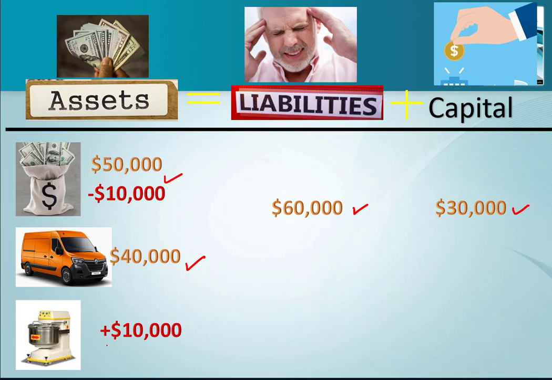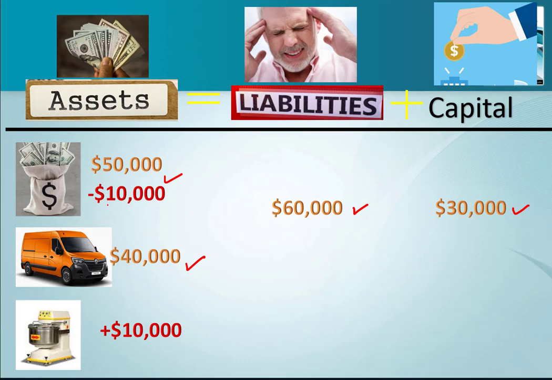So now we have three types of asset: cash, delivery van, and also machine or equipment. So where did we get money to buy this equipment? We use our existing cash. So our equipment increased by 10,000, but our cash is now reduced by 10,000.